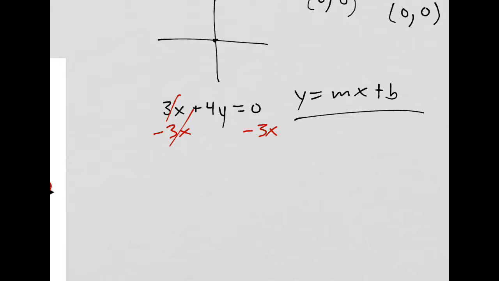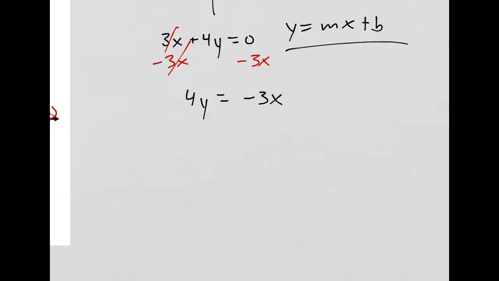And then I have 4y equals 0 minus 3x. You could write the 0, but it's not doing anything. You could say plus 0, that's fine, or even minus 0, because 0 is neither positive nor negative. But I'm not going to do that just because it's extra writing.